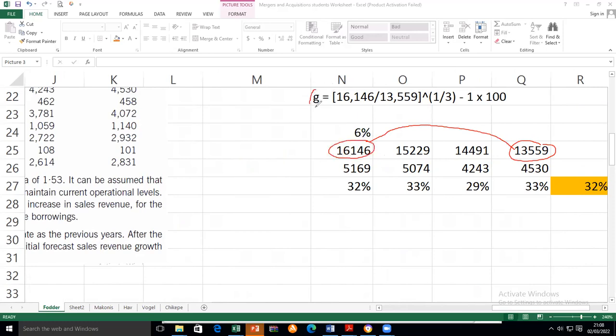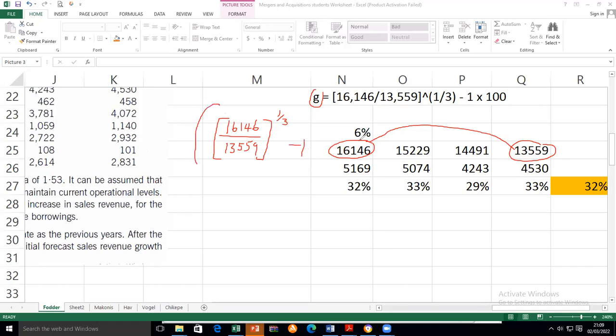So you take the most recent figure, 16,146. You divide it by the original figure, 13,559. You divide to the power 1/3 minus 1.